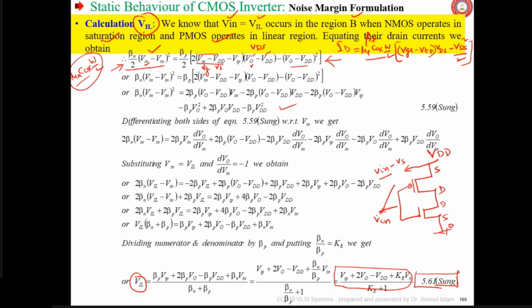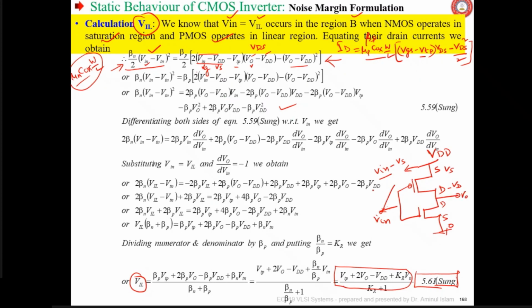This is VGS minus VTP, and this should be VDS. This is VD and VS. VS is nothing but VDD. VD is nothing but VO. This is output voltage.